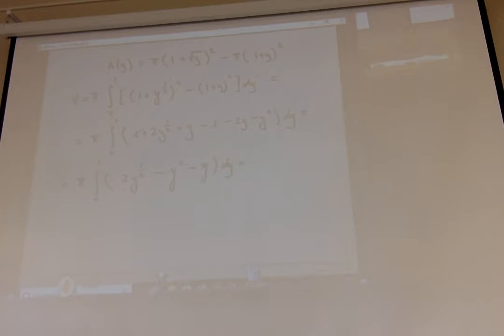Now we have simple power functions inside of power functions. So when we go with the antiderivative, what do we get here? What will be the first one? 4 over 3. So 4/3, good, y to what? 3 over 2, 3 halves, minus y cubed over 3 minus y squared over 2, right? This whole thing goes from 0 to 1.